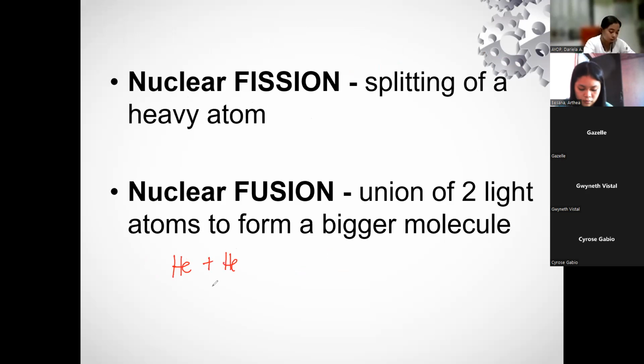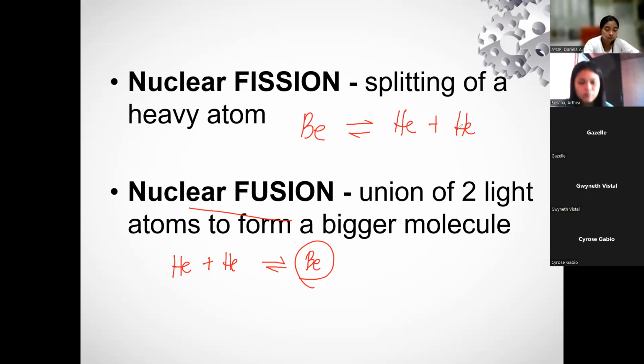These two heliums are small molecules or small atoms, light atoms. And if they are being fused, they are being combined, it will result to a bigger molecule, which is beryllium. So again, yung example na ito ay dito siya under sa nuclear fusion. Pag baliktarin mo siya, beryllium will be split into two. Ito yung magiging mukha niya. Okay?